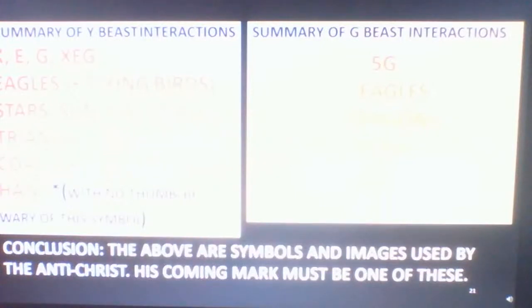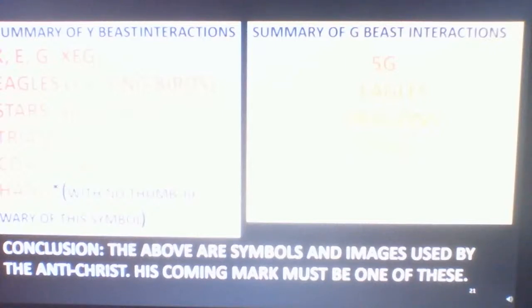So summary of YB's interactions: we got SEG, eagles, stars, sun, swastika, triangles, coat of arms, and hand without a thumb. While in the G beast interactions, we got 5G prominently, eagles very prominent as well, dragons prominent, and then frogs. All right.